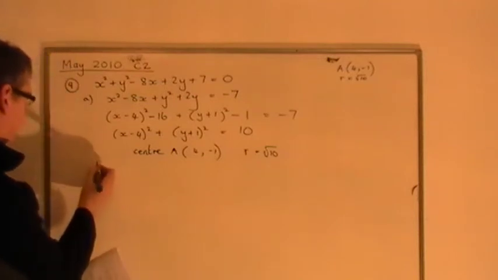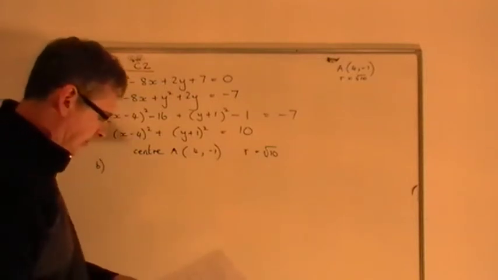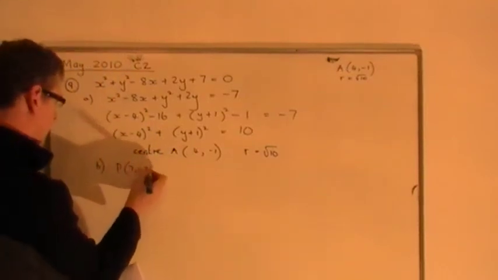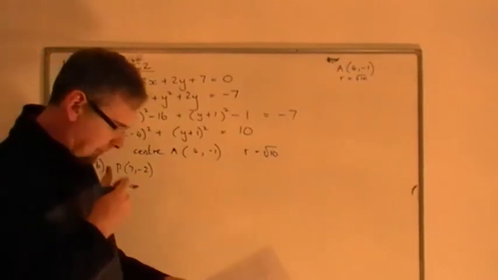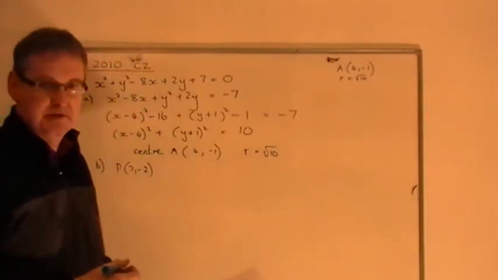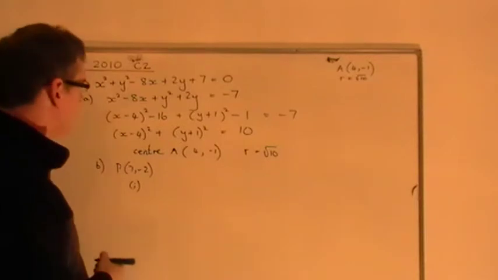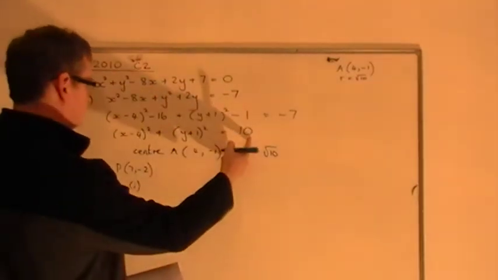Okay, part B. Part B now says we've got a point P which has got coordinates 7 minus 2, and it says part 1, verify that P lies on C. Well, we've got the equation of the circle, there it is.